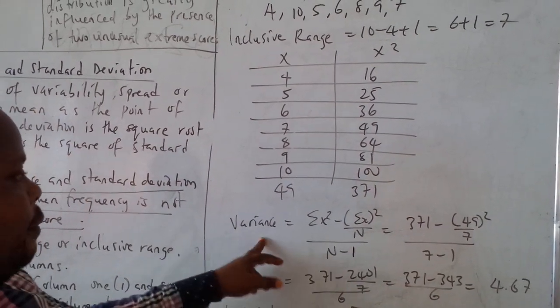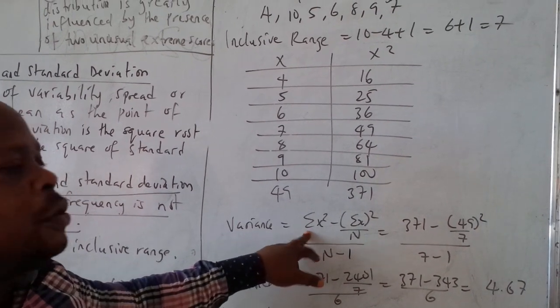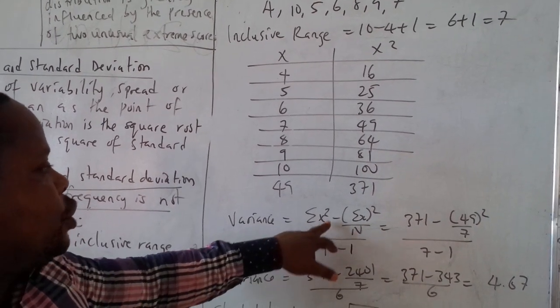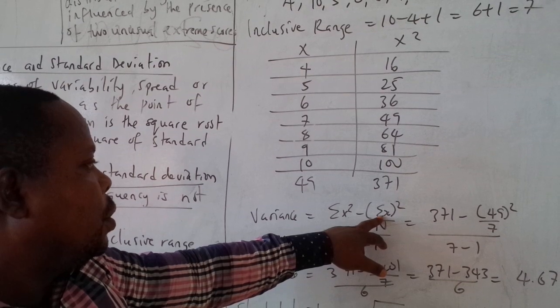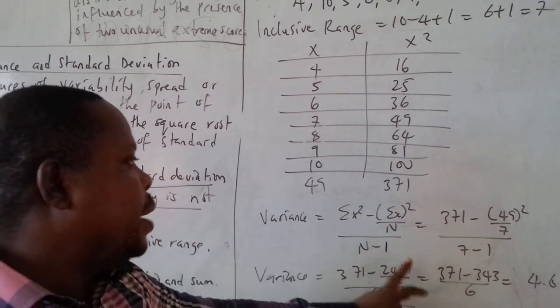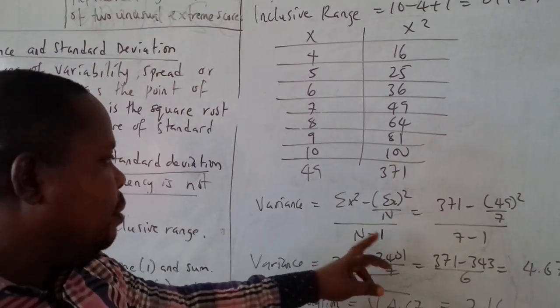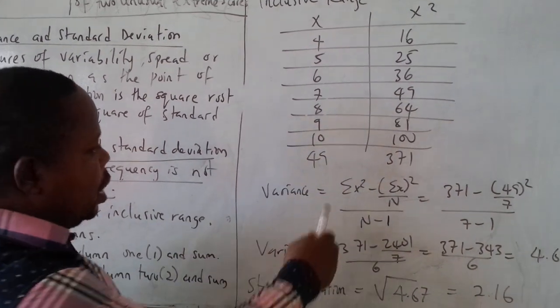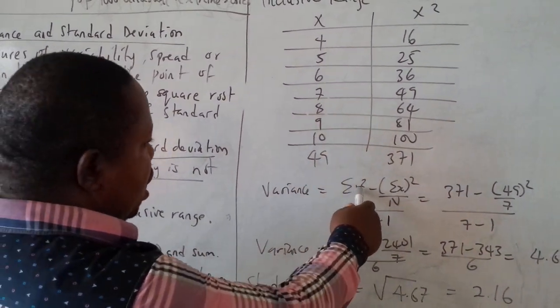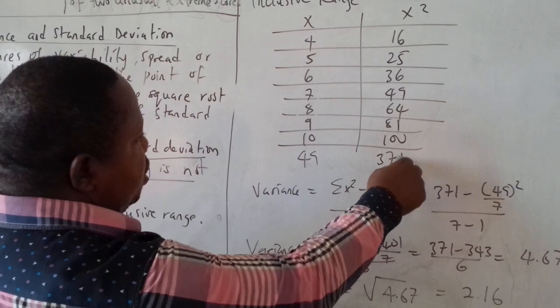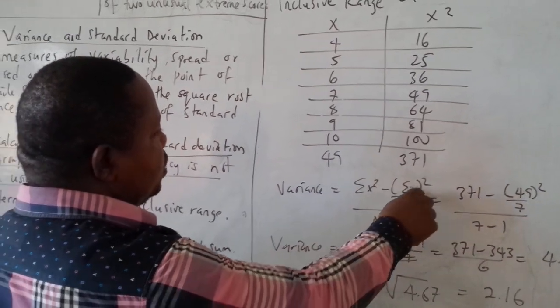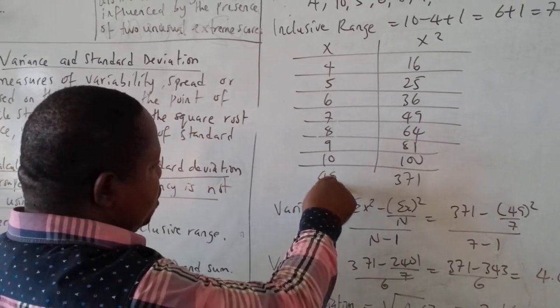Now, the variance therefore is the sum of the squares minus the sum of the scores squared over n, all over n minus 1. Then sum of x squared refers to this 371, while sum of x is this 49.